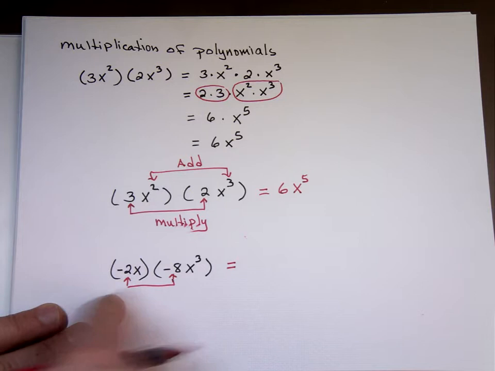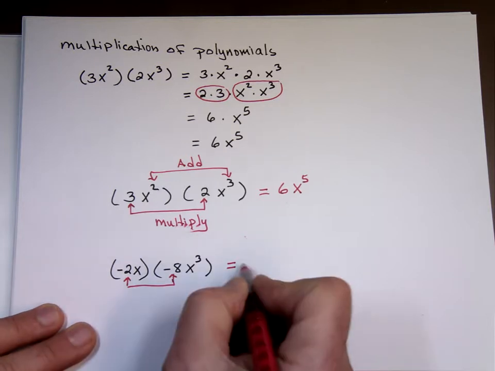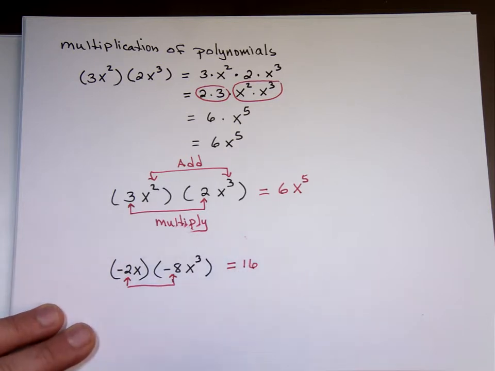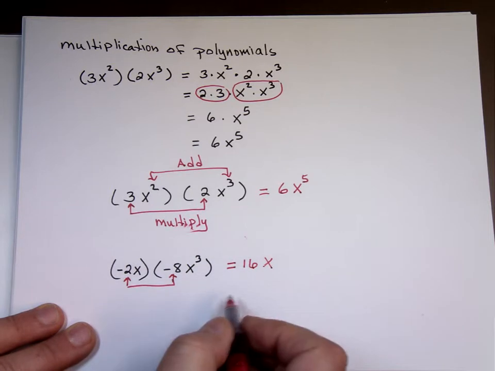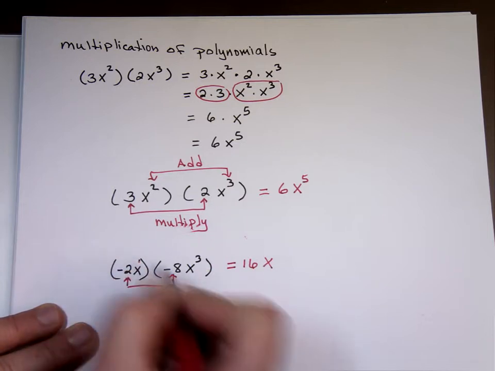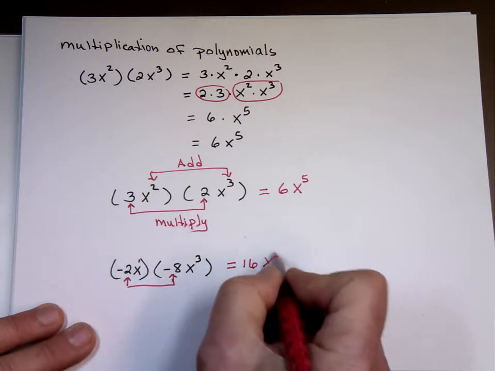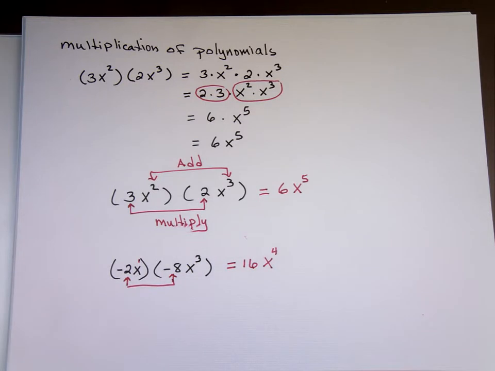What is negative 2 times a negative 8? 16. Very good. Now let's add the exponents. What do we have? 4. Why 4? Because there's a 1 here. We just don't put it. What's 1 plus 3? 4. 16x to the fourth.